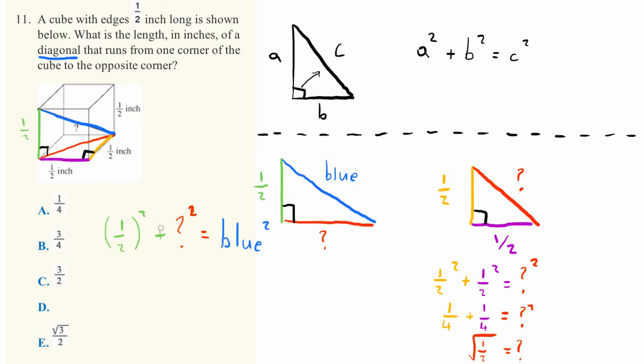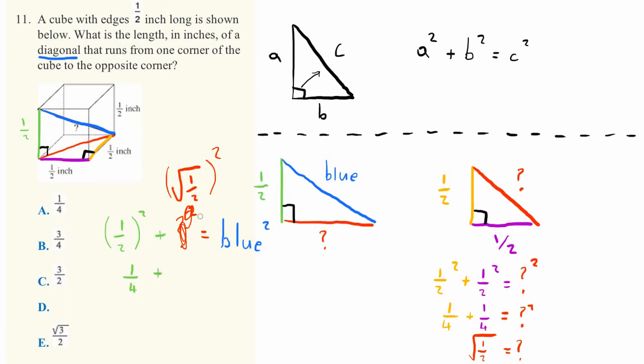Now let's come over here. Since we know the length of question mark, let's substitute it in. This is now the square root of 1/2, and that whole quantity is squared because the question mark is squared there. 1/2 squared is 1/4.